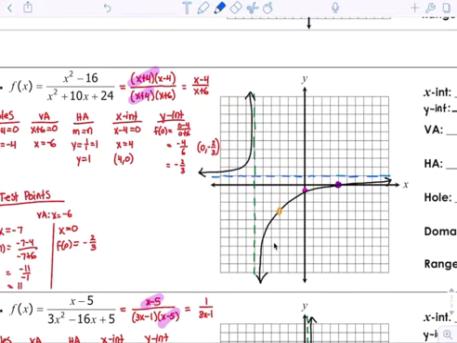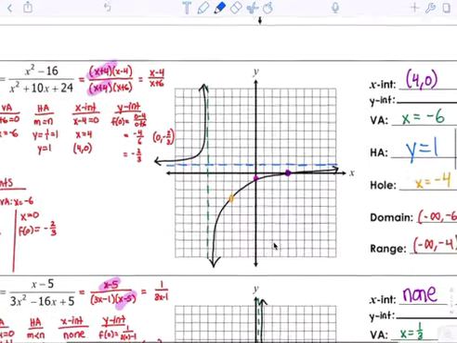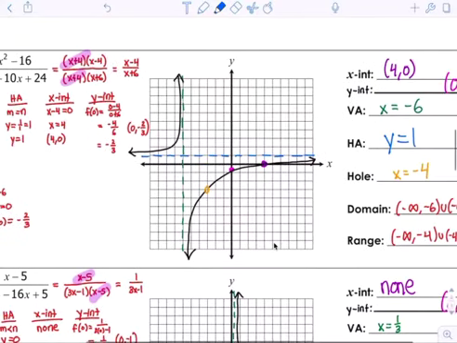That one, and then I used my intercepts as well to graph that one. And don't forget the hole is located at x is equal to negative 4. Which is right there. And remember, the hole is on the actual graph part, right? Not on the asymptotes, not on the axes, wherever the graph is at negative 4.